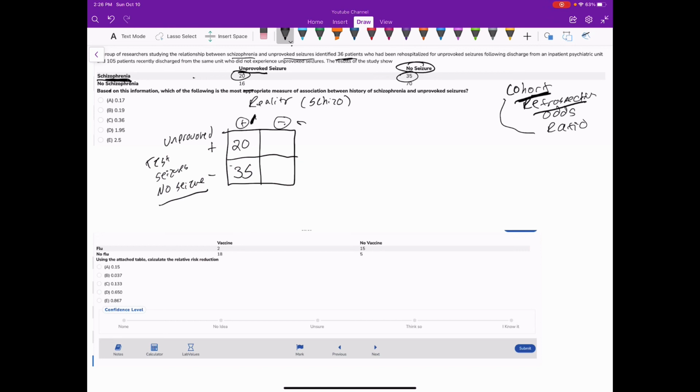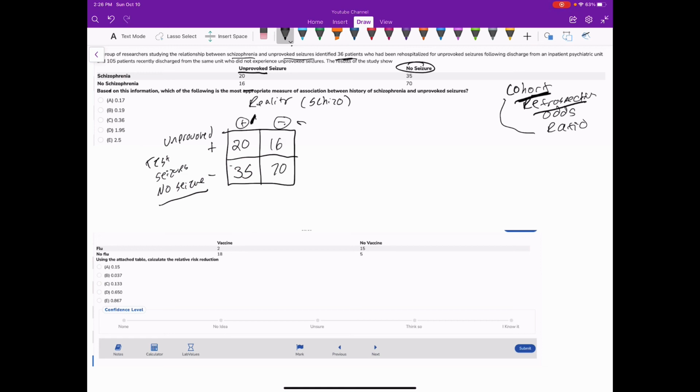Now, no schizophrenia, so you're over here, and you could have an unprovoked seizure, which we said was positive, so that's 16. No schizophrenia and no seizure is 70, so you plug them into that column. So this is how we reorganize the box. I'm going to change the colors now just so we can see it better. 16 over 70.